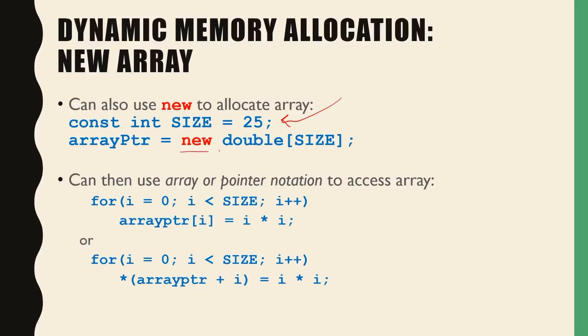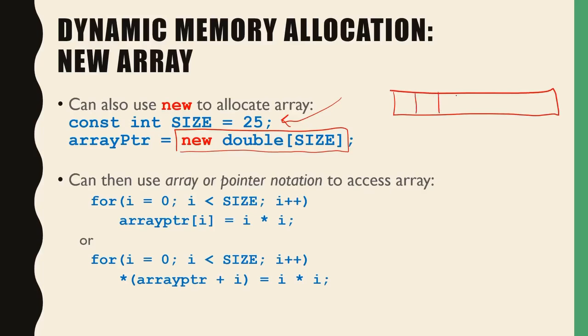What this part of the line that I've boxed in will do is dynamically allocate a new array that is 25 elements, and each of these elements are doubles. Then the new operator returns the memory address, which is placed inside the pointer called array pointer.